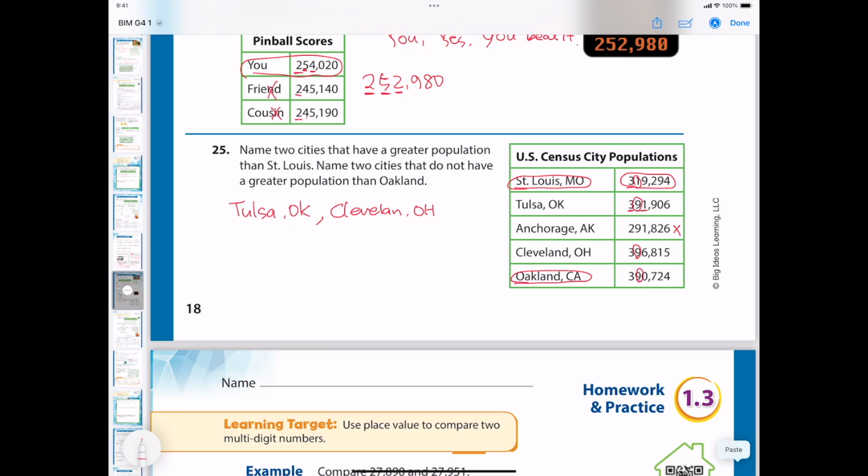Oakland in here, 390,724, and Cleveland is here, 396,815. So this is greater, so Cleveland can't be here. And Anchorage, yes, is lesser, so I'm going to put this. And let's find one more. St. Louis is lesser than Oakland. So I'm going to pick St. Louis.